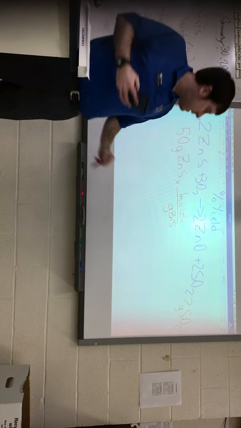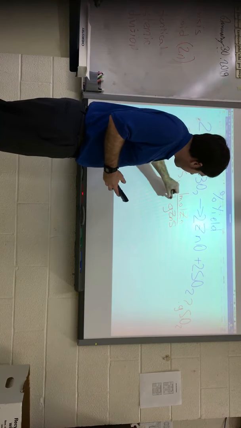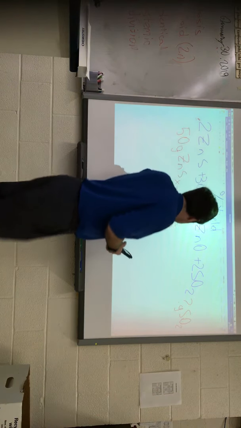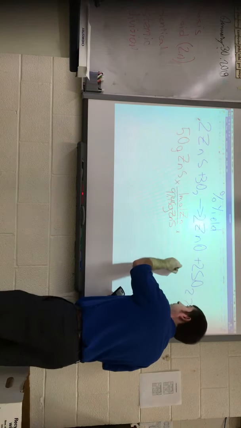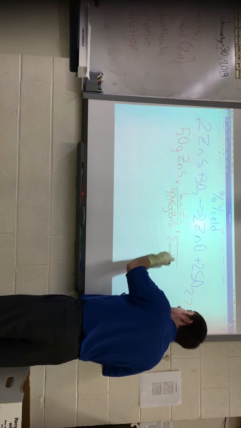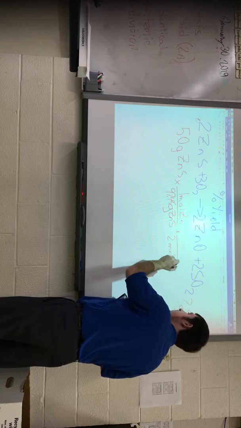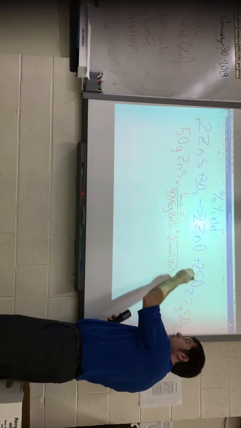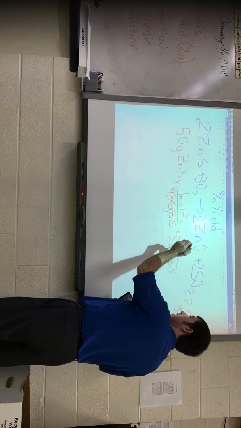So that gives us 97.45. Much more rational here, okay? Now, over here, we have 2 moles of zinc sulfide. And we're going for sulfur dioxide, so there's 2 here. Well, look at that. That works out beautifully.